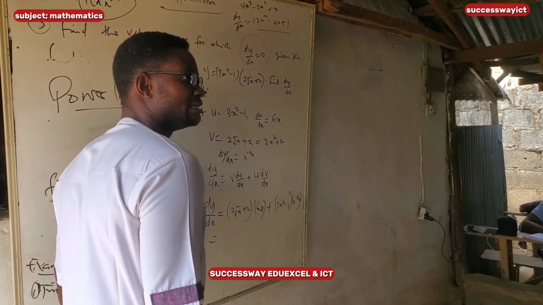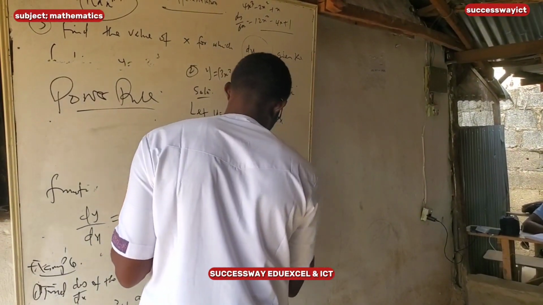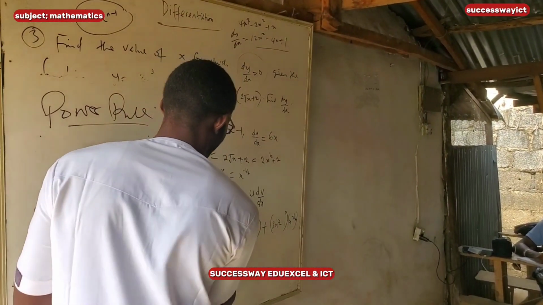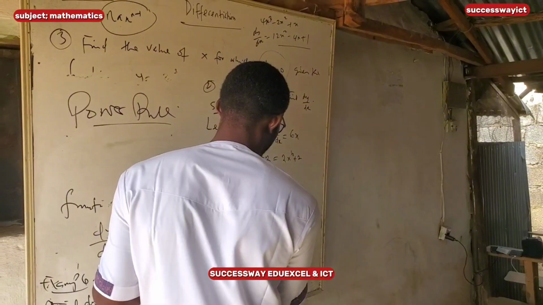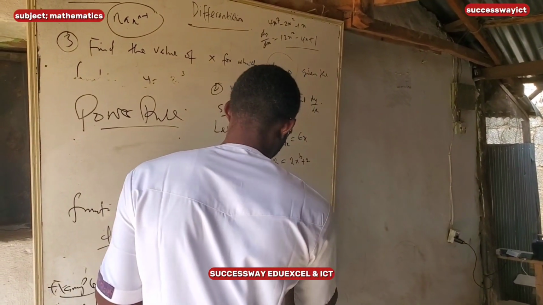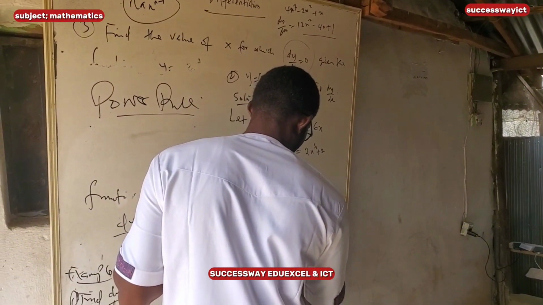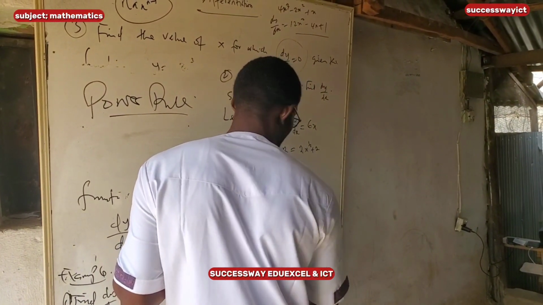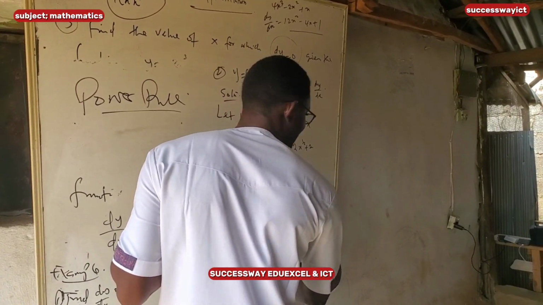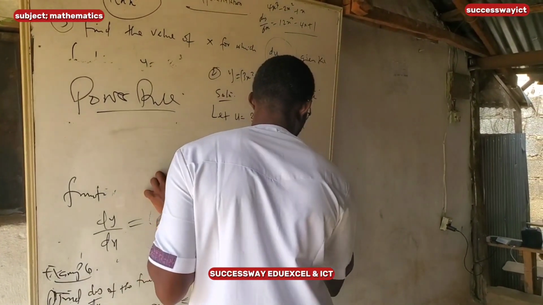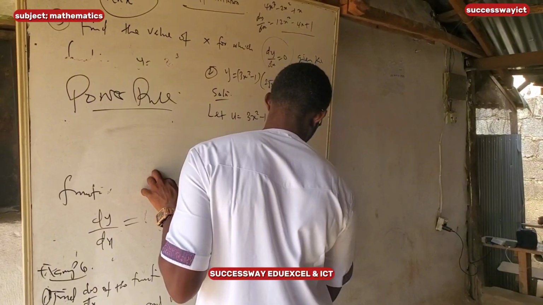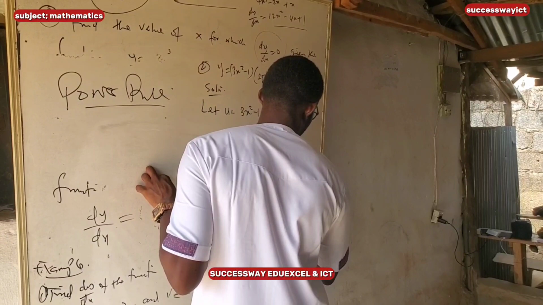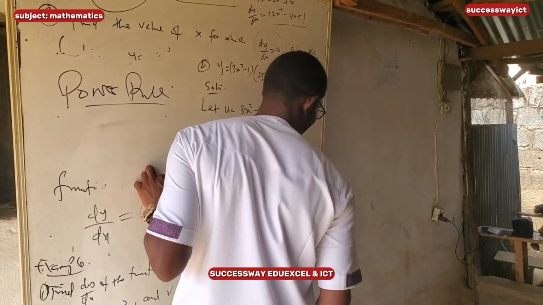Expand the bracket and you will have your result. This is the same thing as 2x to power half plus 2, multiplied by 6x, plus 3x squared minus 1 multiplied by x to power minus half.